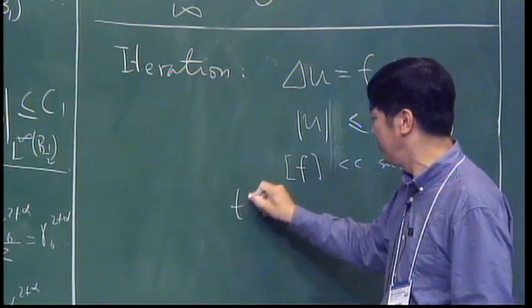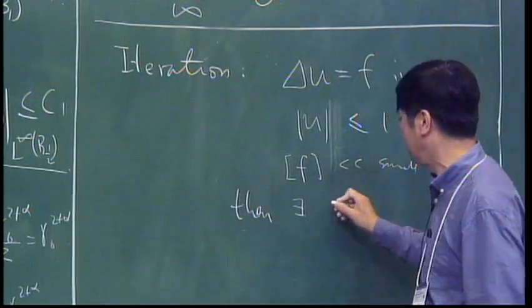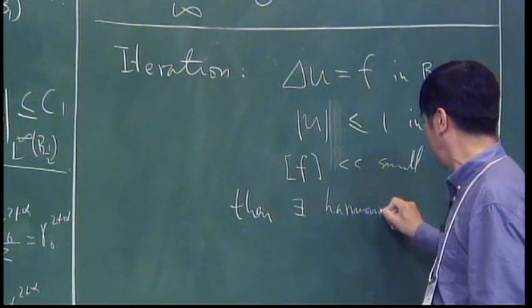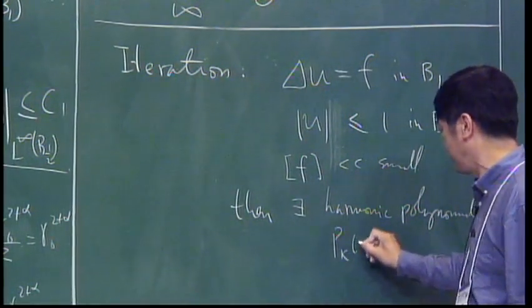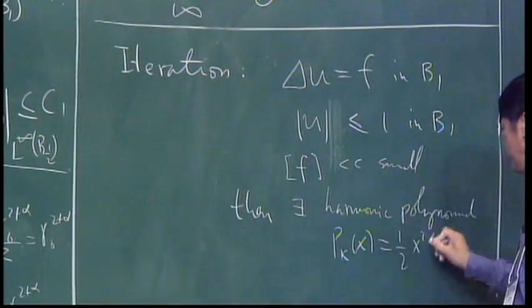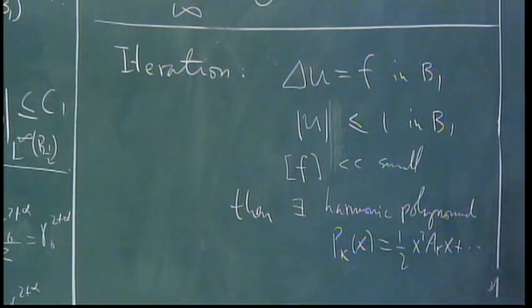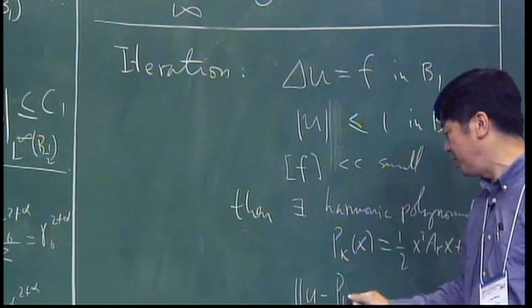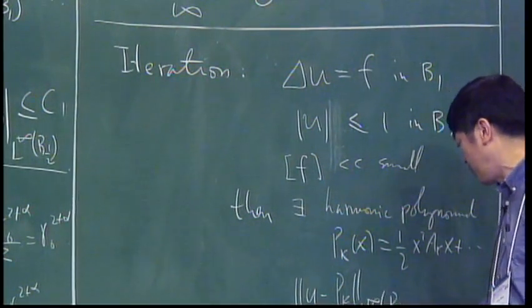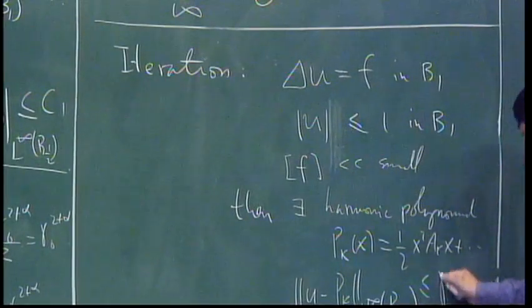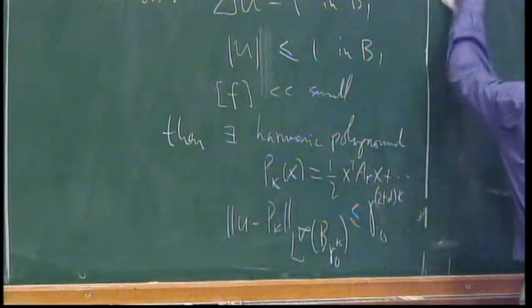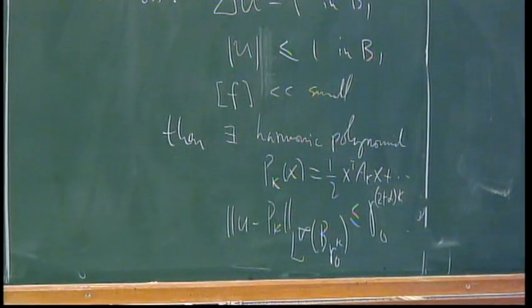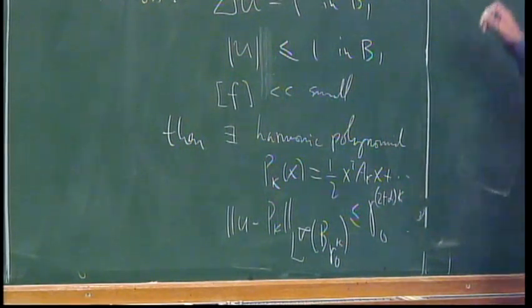And then there are harmonic polynomials P_k of x, with one half x transpose A_k x, such that the L infinity norm of u minus P_k on the ball of radius R0 to the k is less or equal to R0 to the k times (2 plus alpha) k. And with all the estimates you want.